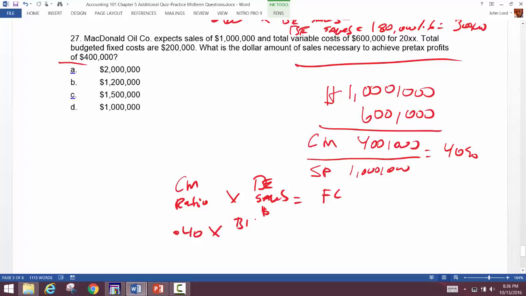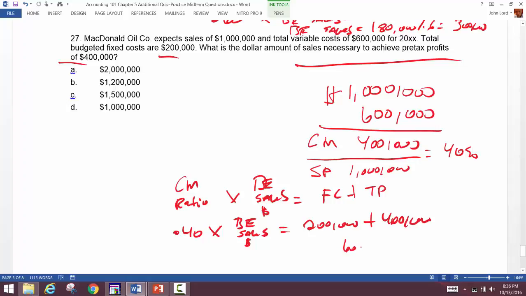My break-even sales dollars, I don't know yet. My fixed cost is, what are we looking for here? Oh, I mean, not fixed cost plus what? Target profit. What's my fixed cost? 200,000, right? And my target profit is what? 400,000. Even I can do that one in my head.